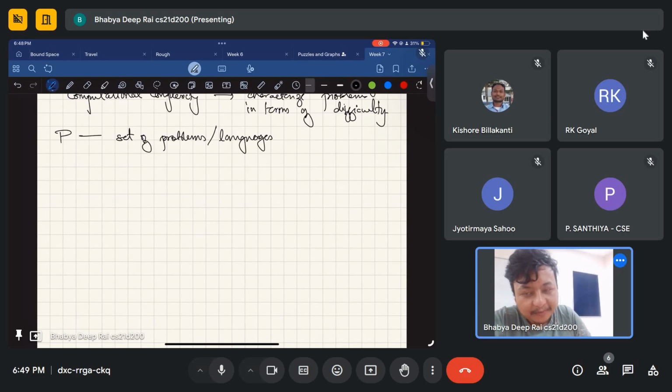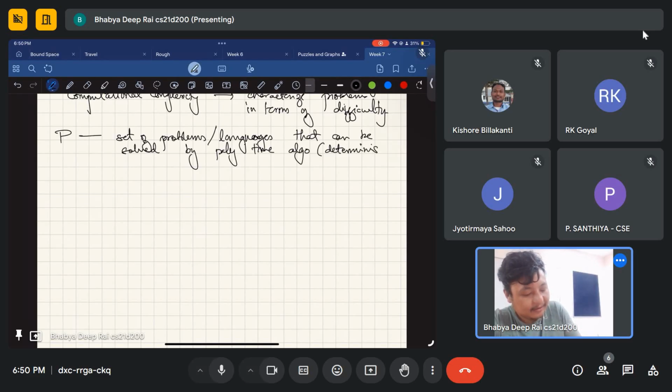A set of problems or languages that can be solved by polytime algorithms. By polytime, I mean deterministic, no randomization business.